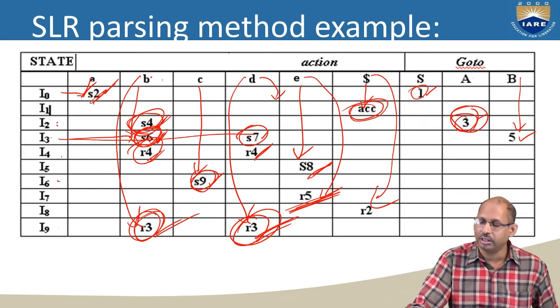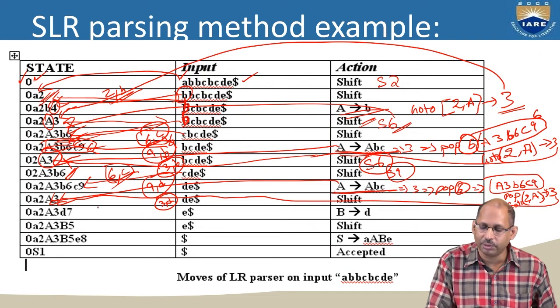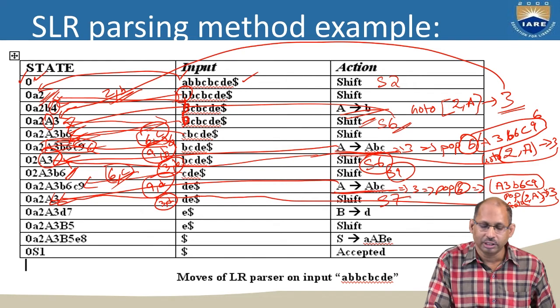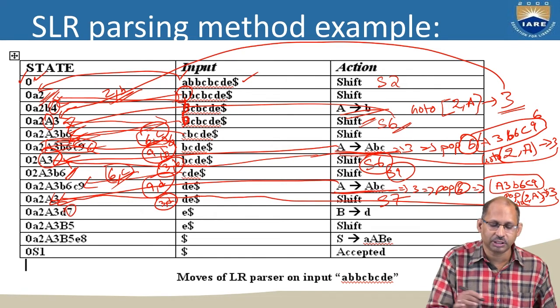Right? 3 comma D simply S7. Shift the symbol, shift 7.